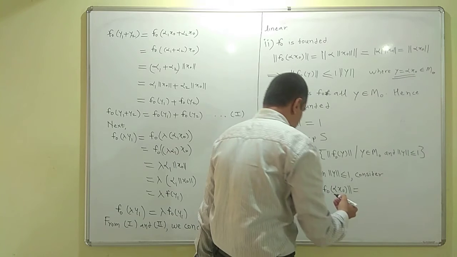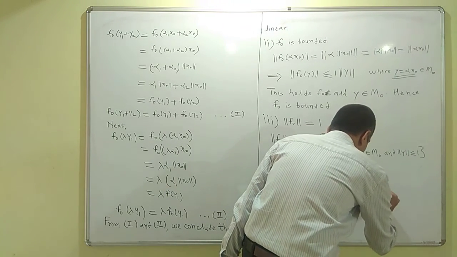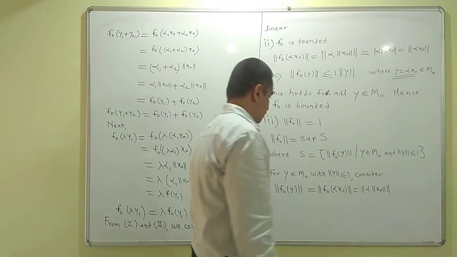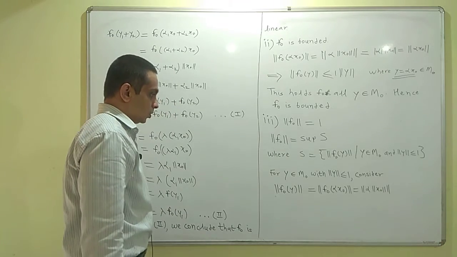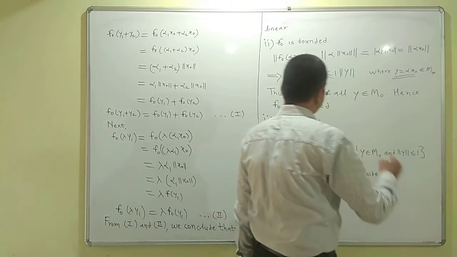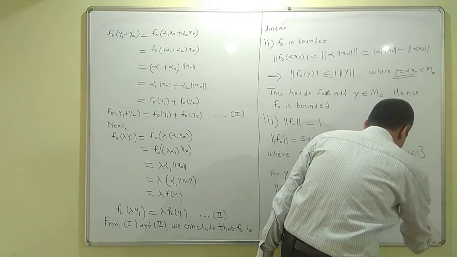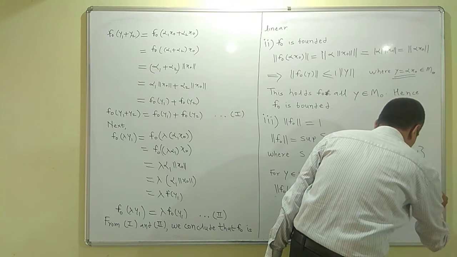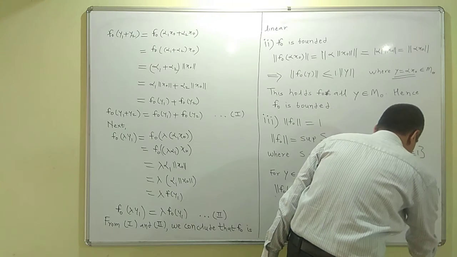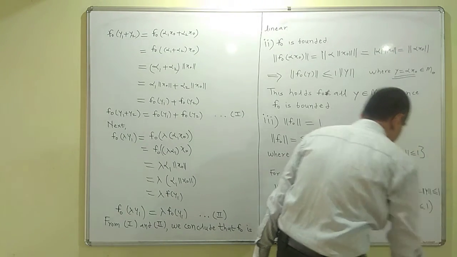It is equal to mod alpha times norm of x0, which, as we have observed here also, equals norm of alpha x0, which equals norm of phi, and it is less than or equal to 1 since norm of phi is less than or equal to 1.